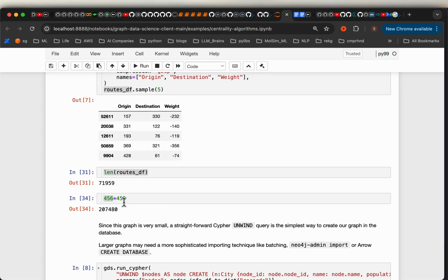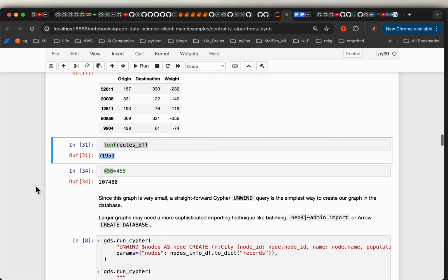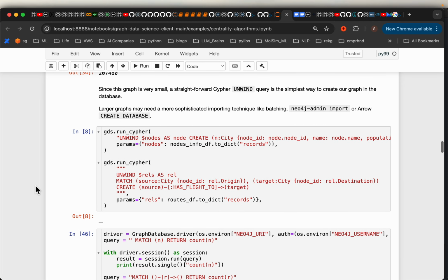Because we are distinguishing the to and fro flights. We are not treating them as the same. We are not dividing by 2. So we would have 200 plus thousand direct flights. Whereas we have only 70,000 direct flights, which means there are a large number of cities which do not have direct flights to other cities. Okay. All right.